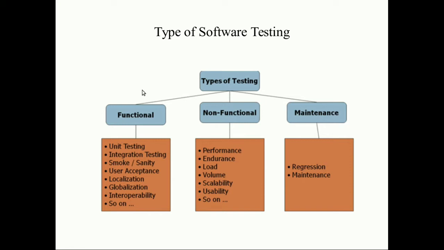In functional testing, there may be different kinds of testing: unit testing, integration, smoke and sanity testing, user acceptance, localization, globalization, interoperability, and so on. So these are the kinds of functional testing. Now if we look at non-functional testing, we can see performance, endurance, load, volume, scalability, usability. These are the types of non-functional testing. And the third one is maintenance, that covers regression and maintenance.